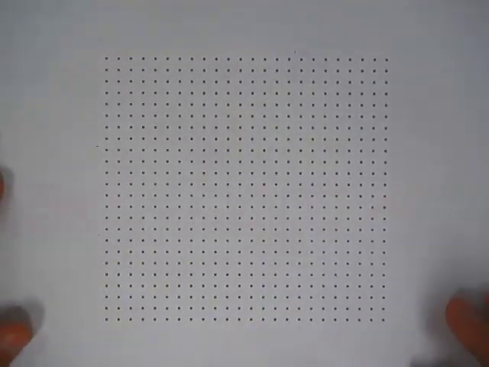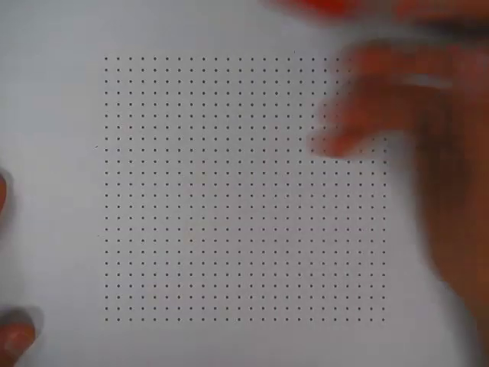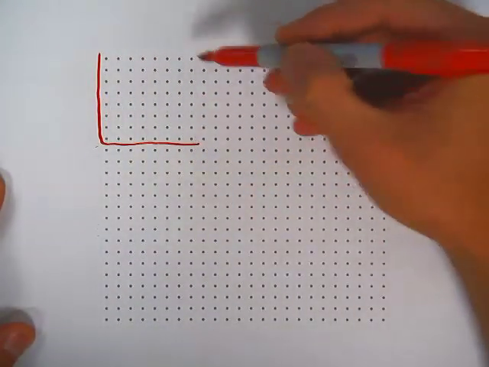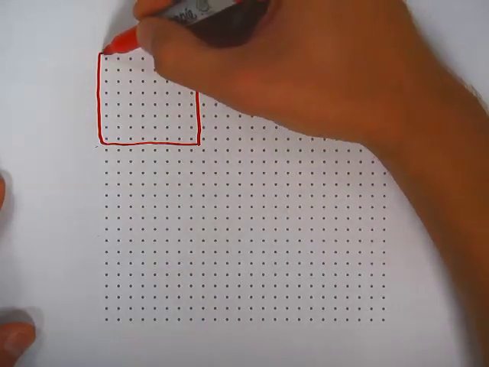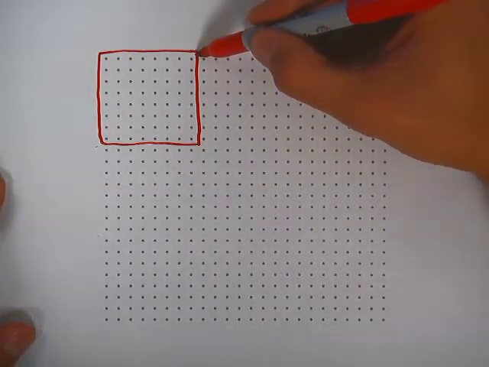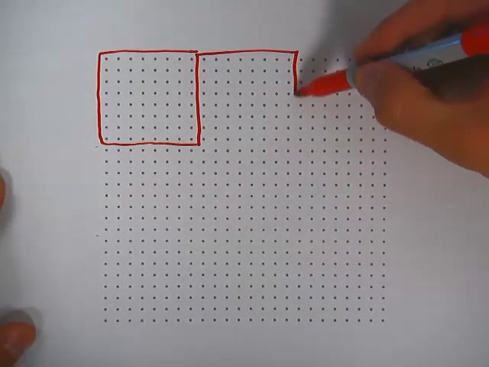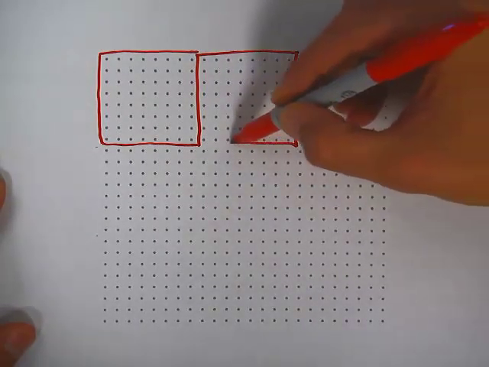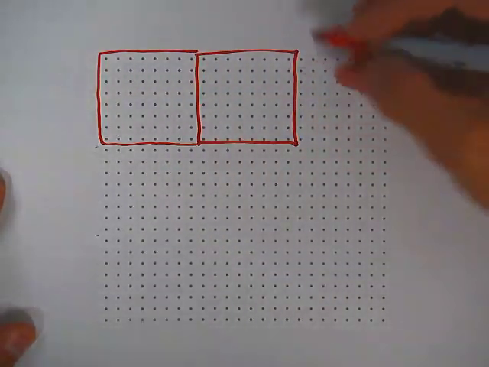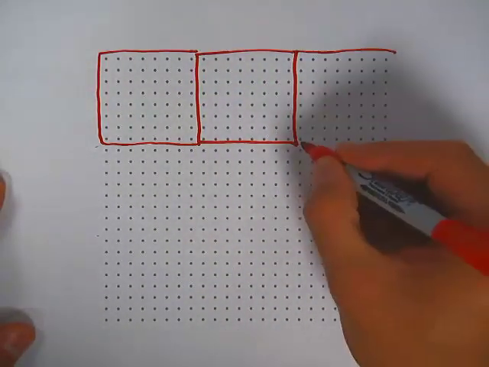So let's say that this is the orchard. So what he did first is stratified his orchard. So that would represent one stratum. This would represent another. So each of these are 8 by 8, 8 trees by 8 trees.